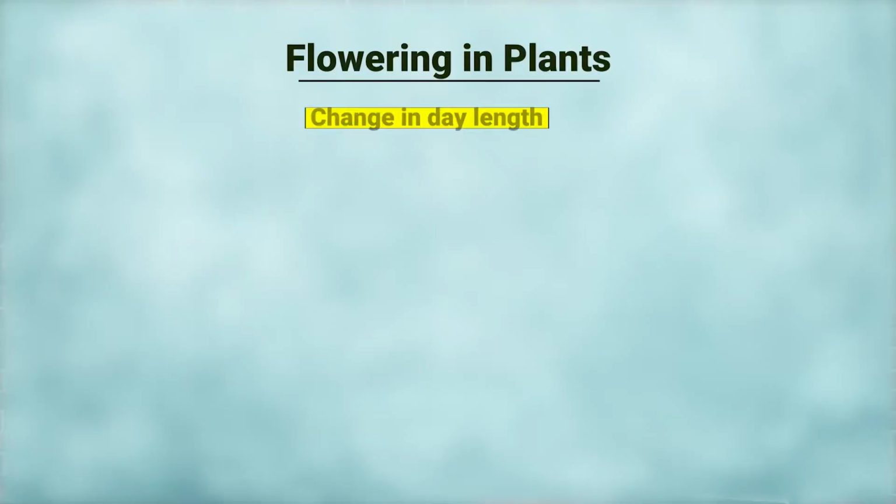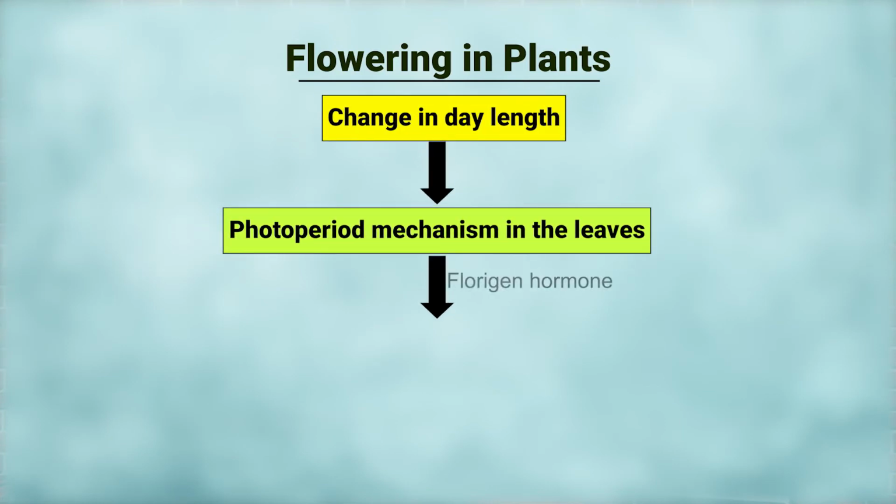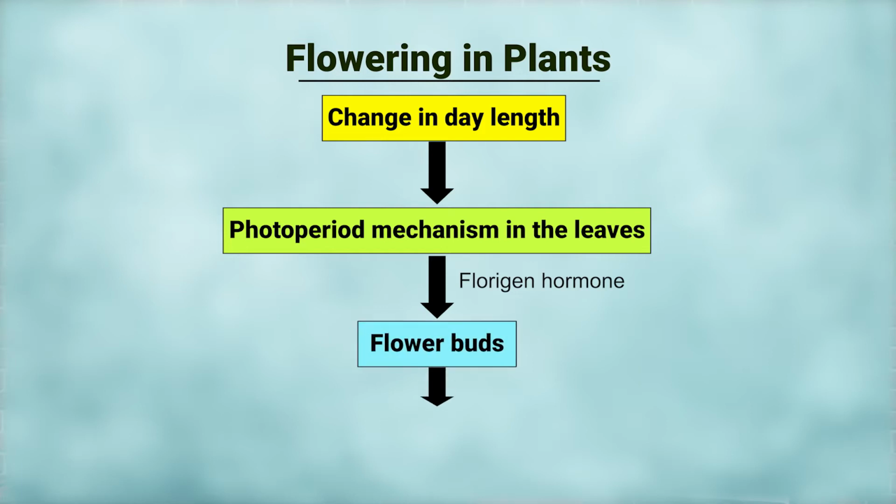So, the effect of the daily duration of light hours on growth and development of plants, especially flowering, is called photoperiodism. Flowering in plants occurs when the change in day length is sensed by the photoperiod mechanism in the leaves, flowering hormones are liberated to the flower buds, and flowering occurs.